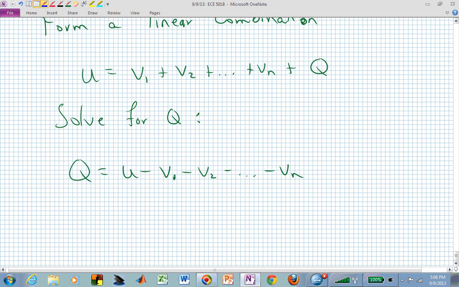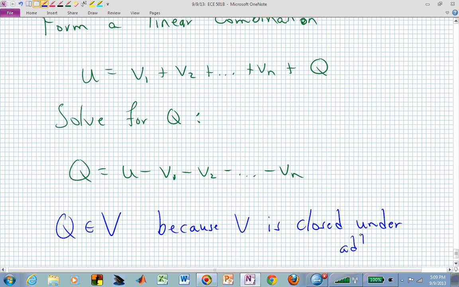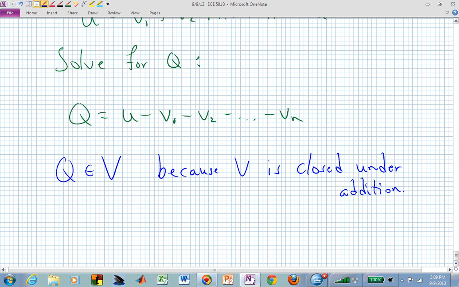So Q is in our vector space because of the property of a vector space. V is closed under vector addition.